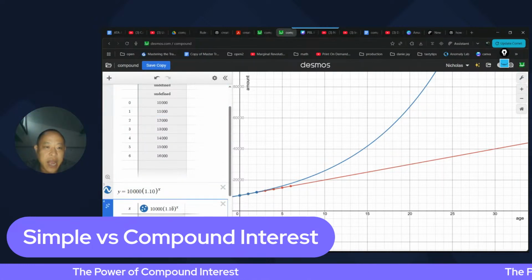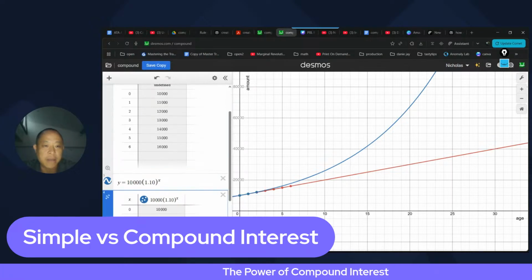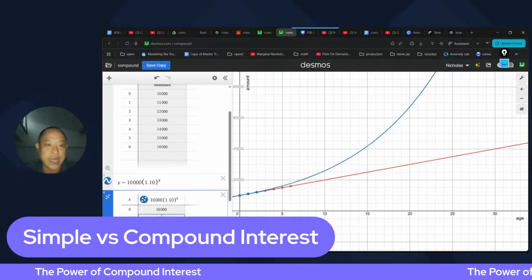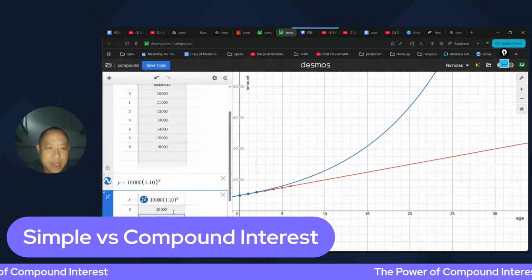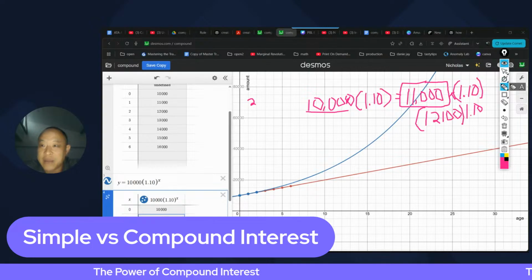After year 1, you make 11,000. After year 2, you make 12,100, because you're taking 11,000 and multiplying it. I apologize for that. I'm trying to get my math right here.